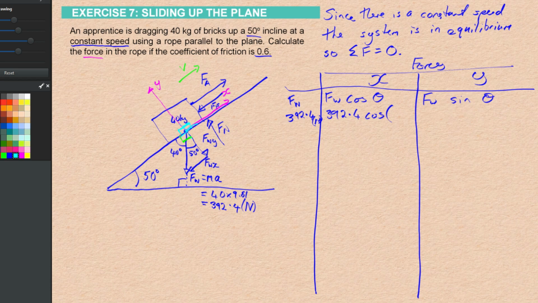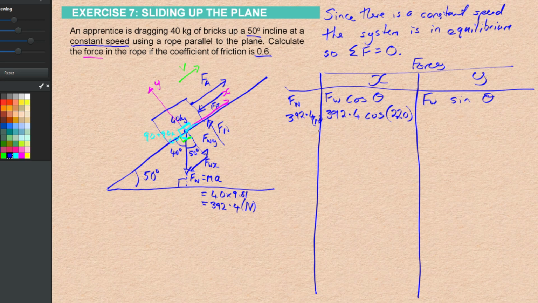Another 90, and then 40 more gets me to my weight force vector. Okay, so we've got 90 plus 90 plus 40 is 220. So we should get 220 degrees in here. And that's going from x in the direction of the y-axis and then going all the way around.